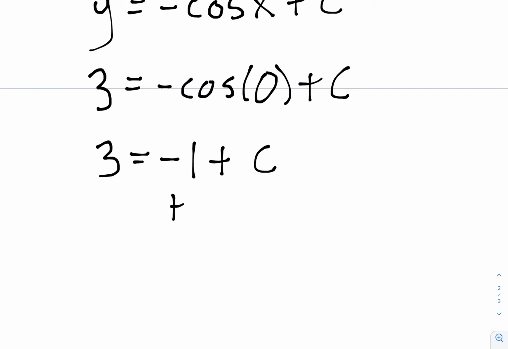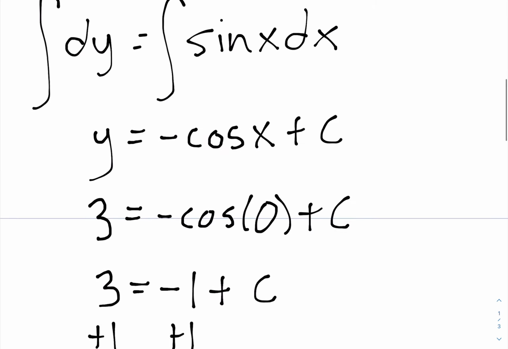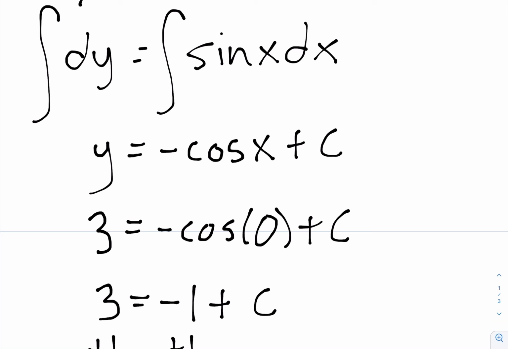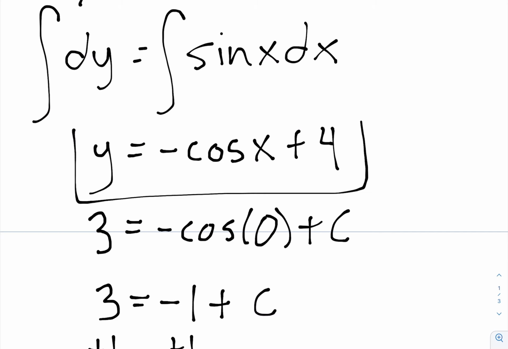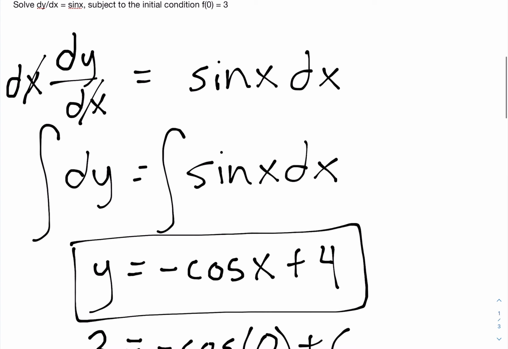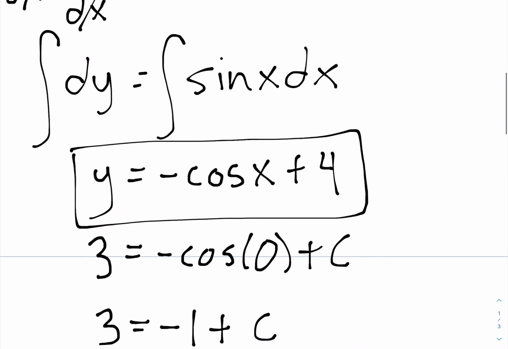And now from here we just add 1. So 4 equals c. Now instead of negative cosine x plus c, we can just write negative cosine x plus 4. So this function right here meets all the requirements. If we differentiated it, went backwards, we would find that dy by dx was in fact sine x, because the derivative of negative cosine x is sine x.